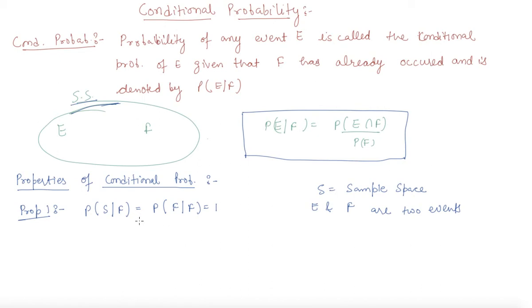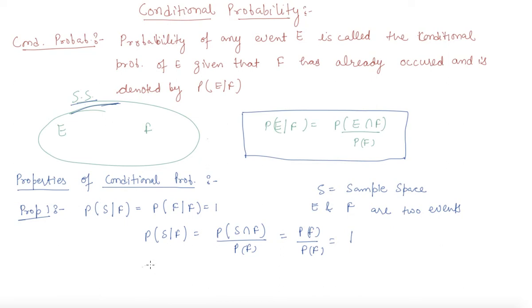So let me give you the proof of this. Let's say P(S given F). As per the formula, that will be P(S intersection F) upon P(F). In the case of the sample space, P(S intersection F) will be P(F), so that will be P(F) upon P(F), which is 1.